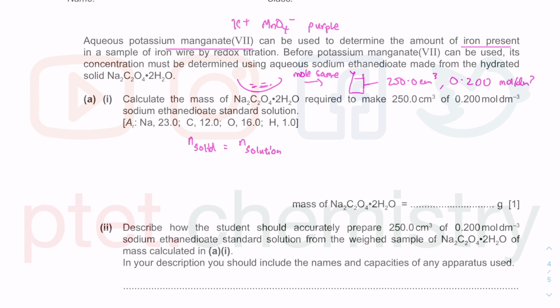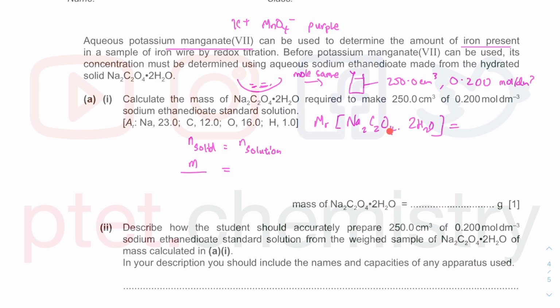If I do mass over Mr, but of course I don't know the Mr, and that is something as an A-level student you would be able to do based on the information given. The precision is quite precise there, even though they're all 0.0. I must be careful when I work out the Mr there. So .2H2O means plus 2 water molecules, so 2 times the Mr of water. So you have 23.0 times 2, plus 12.0 times 2, plus 16.0 times 4.